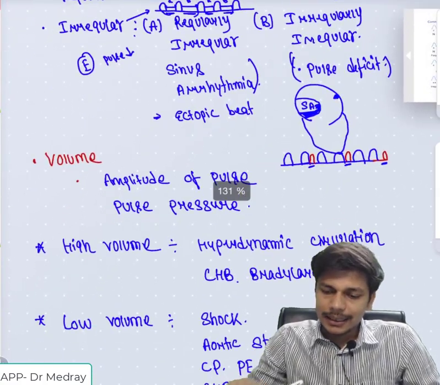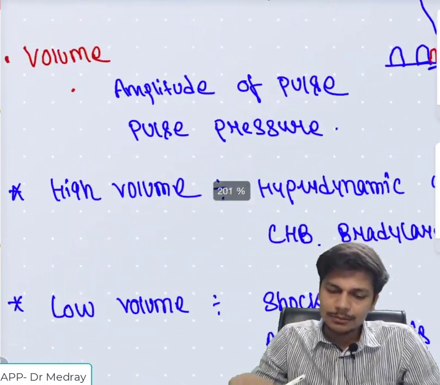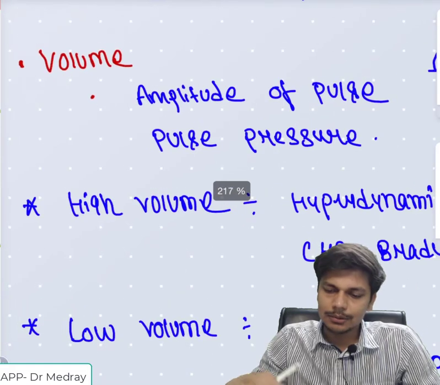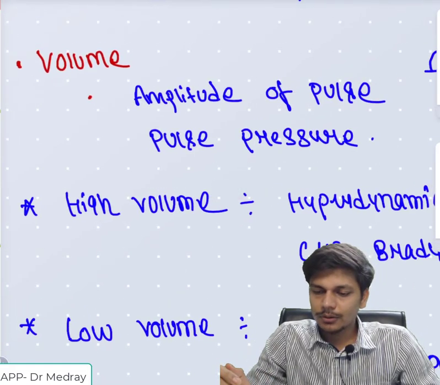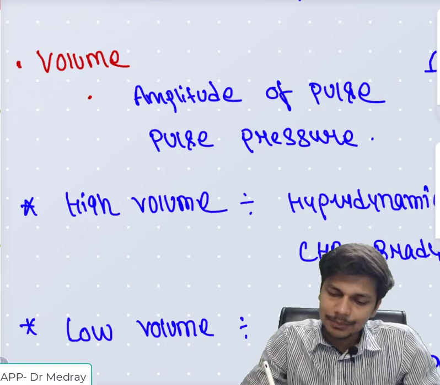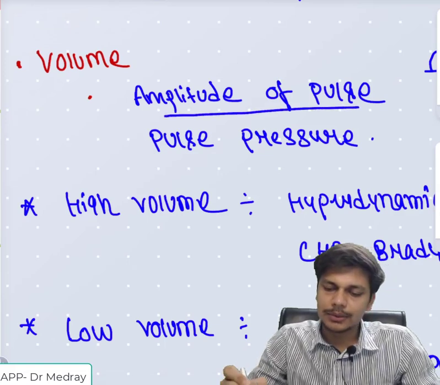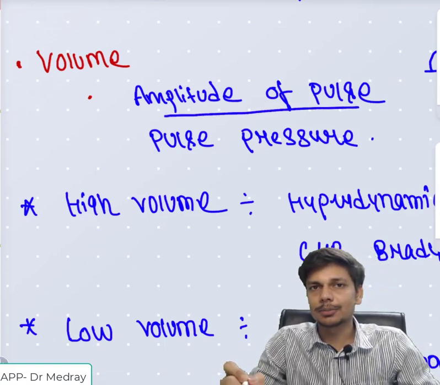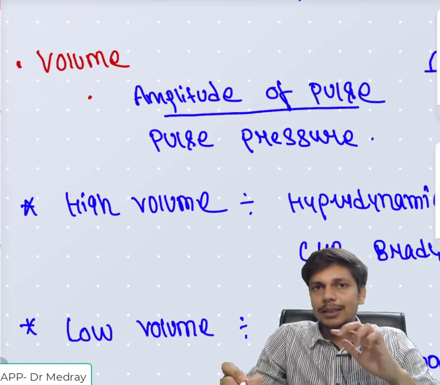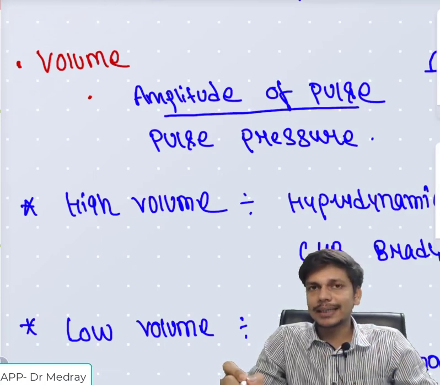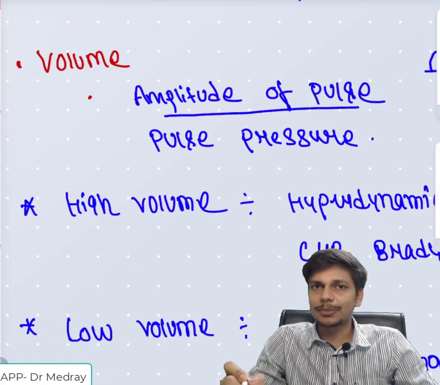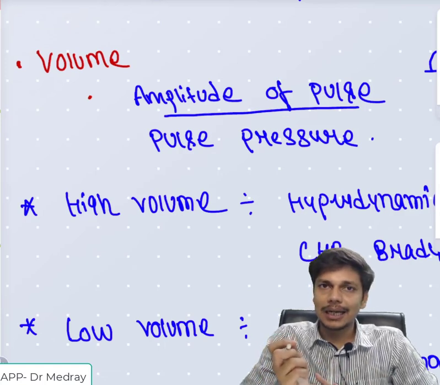So now let us discuss the volume of the pulse. What is the volume of the pulse? It is the amplitude of the pulse. When we look at the rate and the rhythm of the pulse, we look at the radial artery.